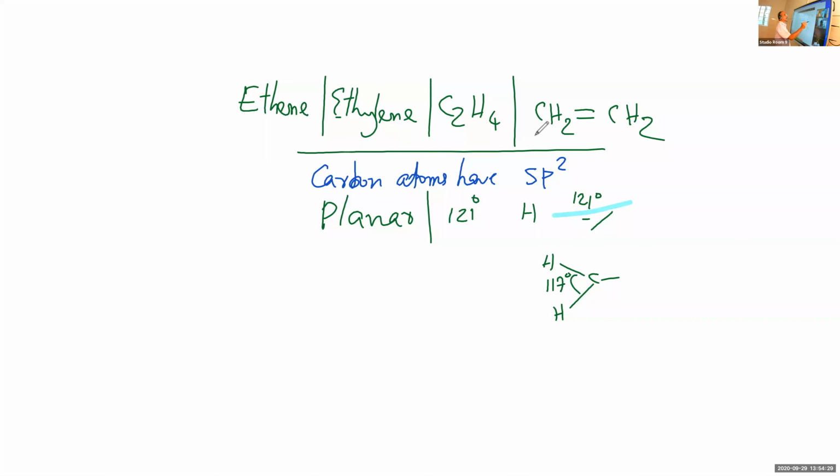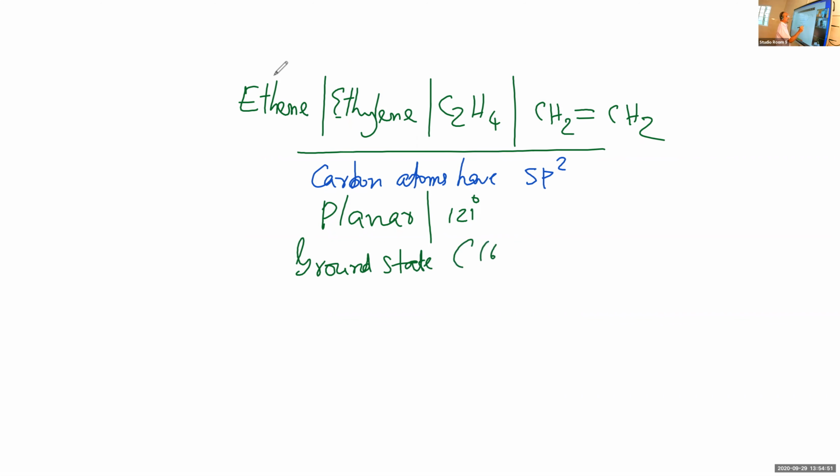Okay, let us see how the hybridization is taking place. For that, let us think of the electronic configuration of the carbon atom in the ground state. The ground state of carbon, atomic number 6, is 1s2, 2s2, 2p2.